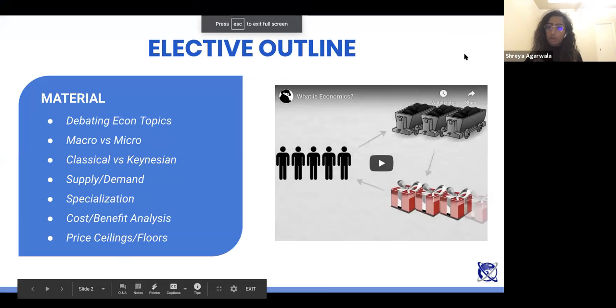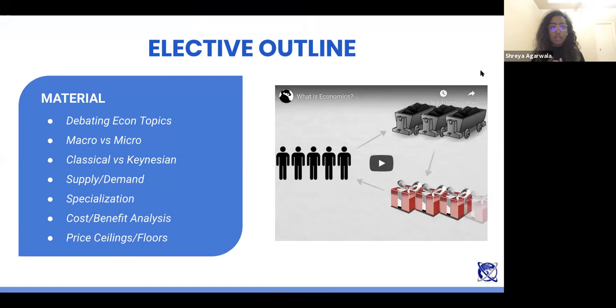A lot of people think it's about specifically policy or how do we do X, Y, Z, but at the most fundamental level, it's just the basic concept that there's only a finite amount of resources in the world, and countries have to figure out how to allocate those resources, how to use those resources in a way that maximizes their own output, their own ability to produce products. So fundamentally, that's what economics is about.